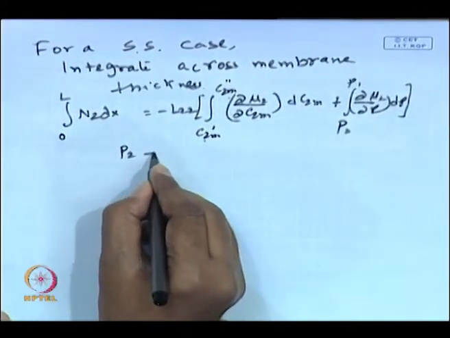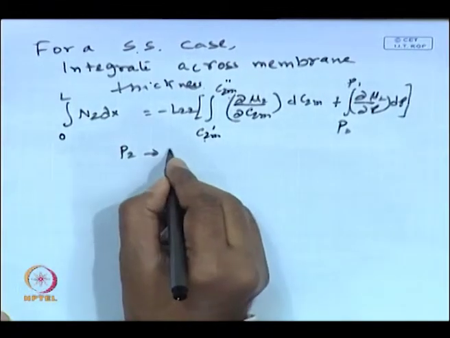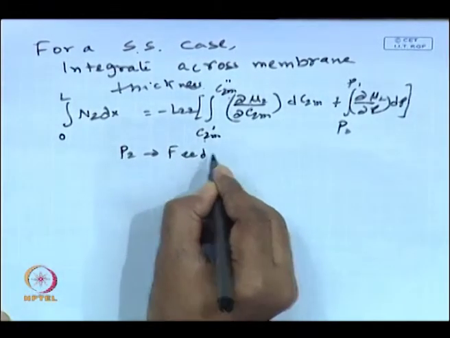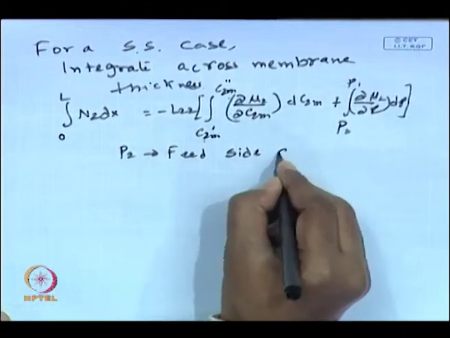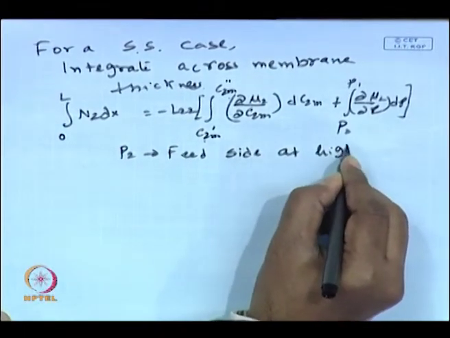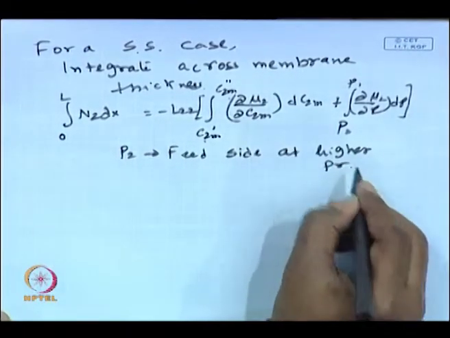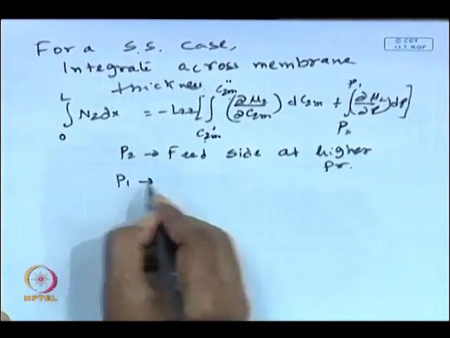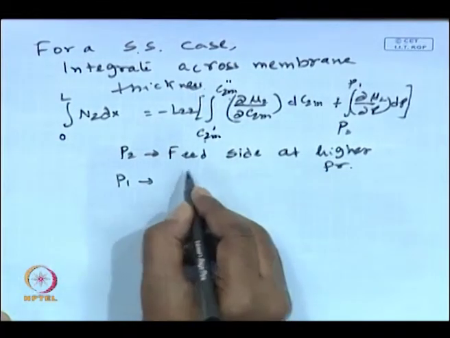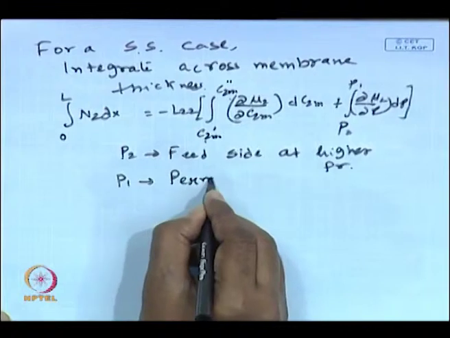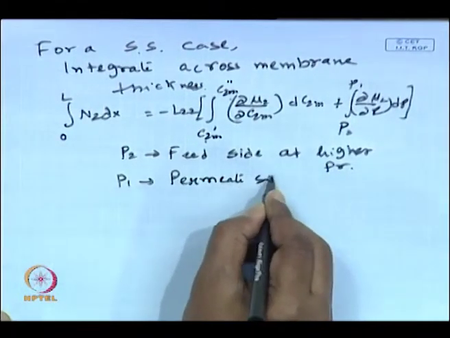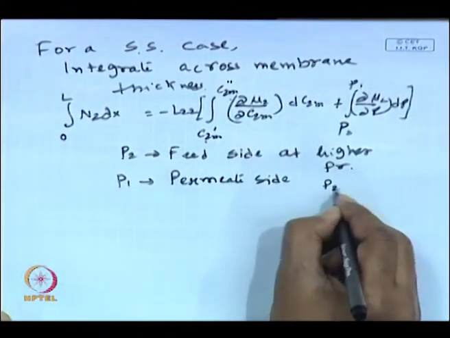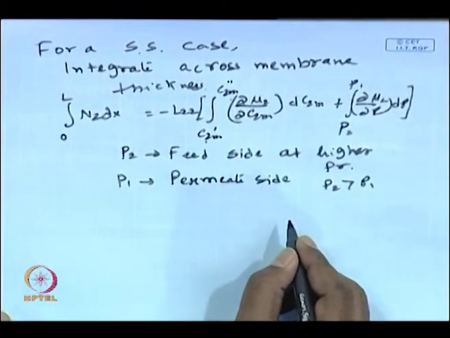P2 is the feed side at higher pressure because it is a reverse osmosis membrane, and P1 is the permeate side pressure, and P2 is greater than P1.